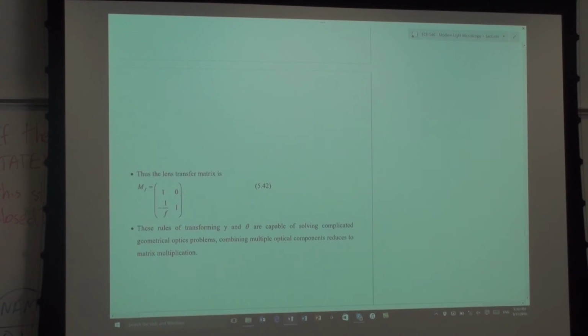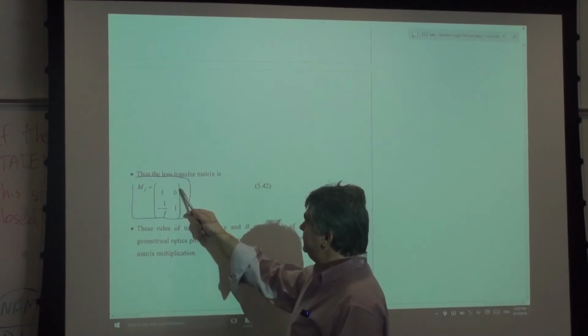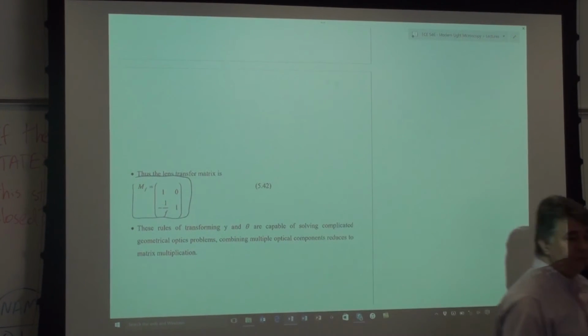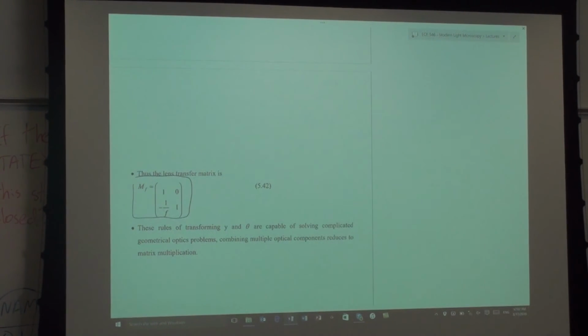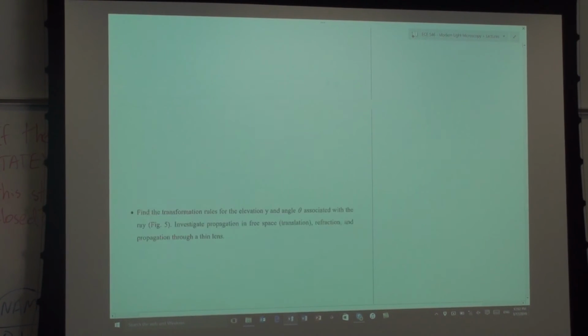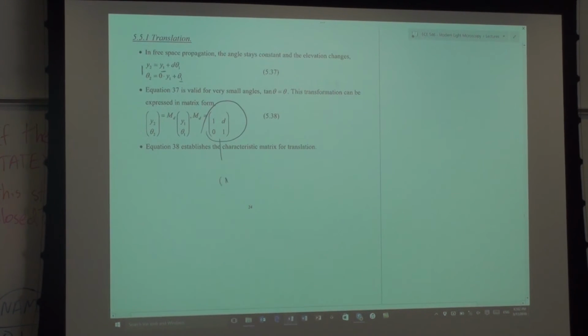So I end up with another little matrix: 1, 1, 0, and now my f moved to the off-diagonal bottom term. So now guess what? This is the third matrix. The free propagation, or the translation if you like, was number 1.